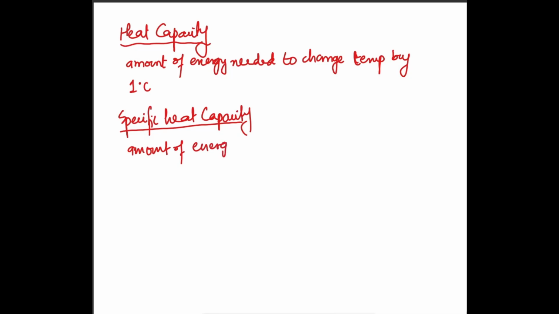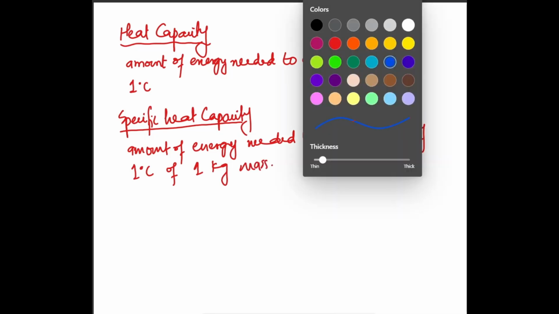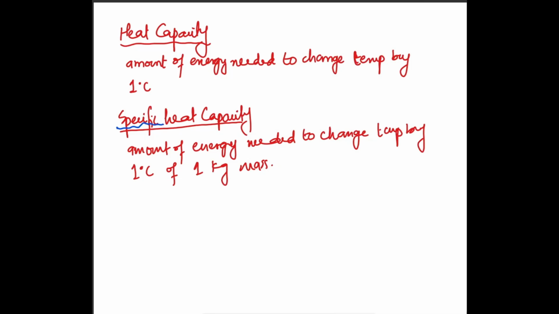It's always about the energy needed to change temperature by 1 degree centigrade of 1 kg mass. So in physics, if we add the word specific with any heading or any definition, the idea would be 1 kg of mass. So the difference between heat capacity and specific heat capacity is only about the mass.